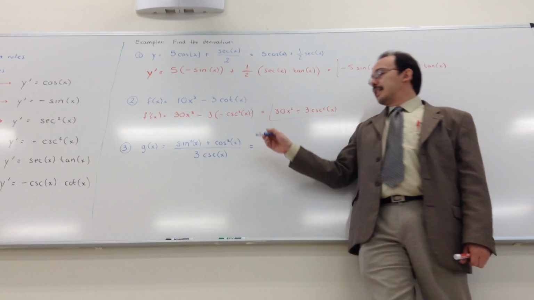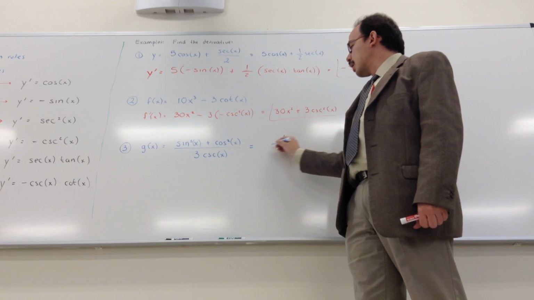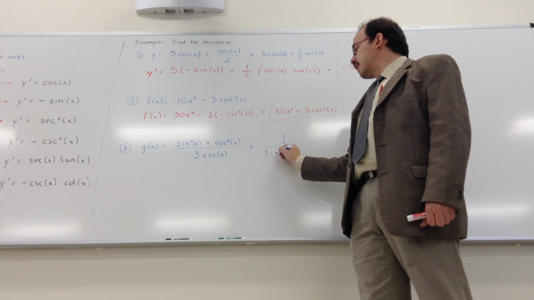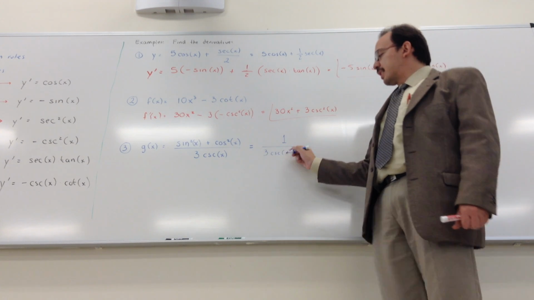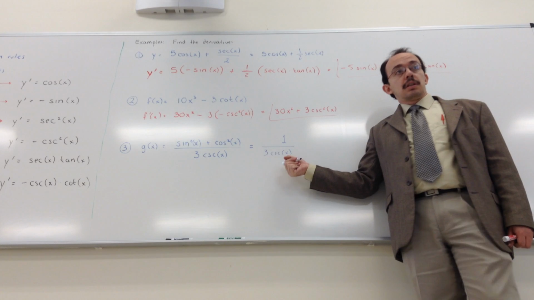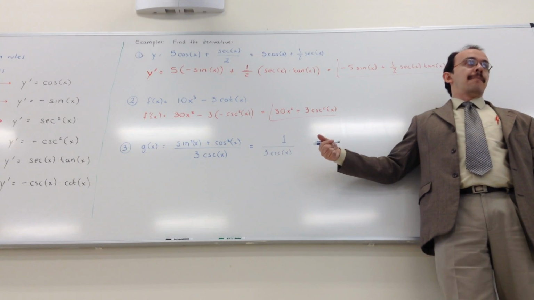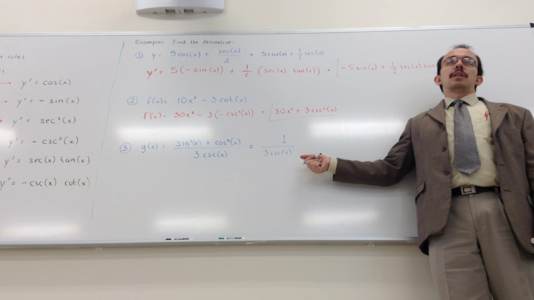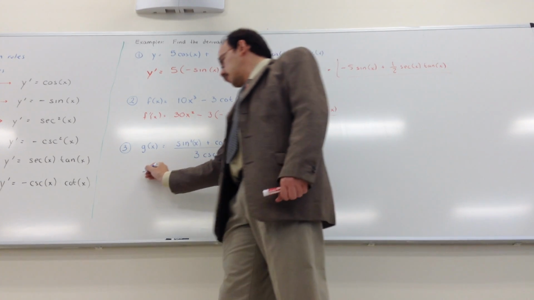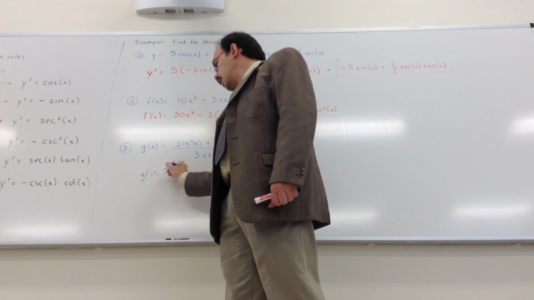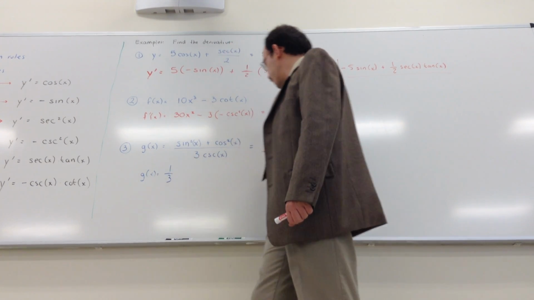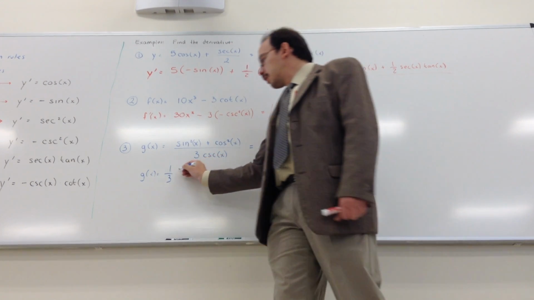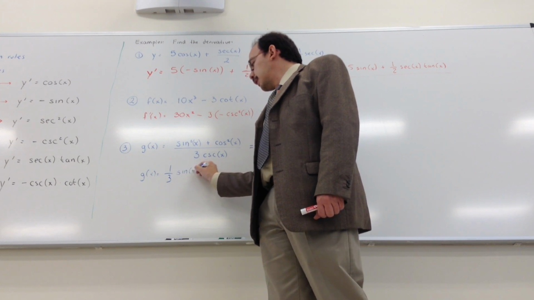So it's 1 over 3 cosecant. But the cosecant is in the denominator. I don't want that. So I need to use another formula. 1 over cosecant is what? You leave the 1 there, but the cosecant in the denominator becomes sine.